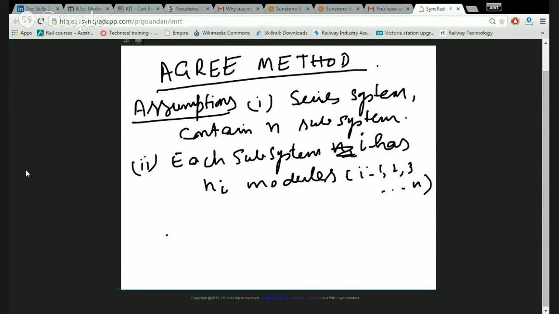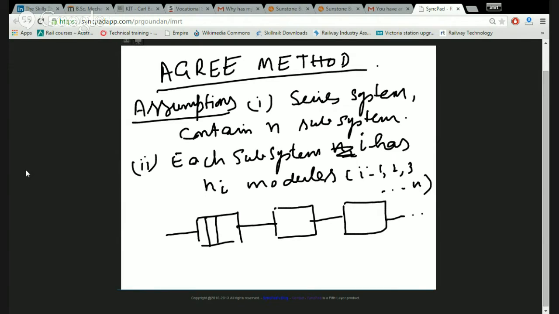Pictorially, how does it look? For better appreciation, it goes like this. Each of these systems has modules. If I take i equal to 1, 2, so let us say this is ni. Each of them has certain modules.